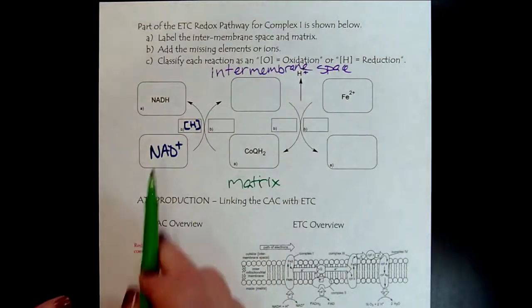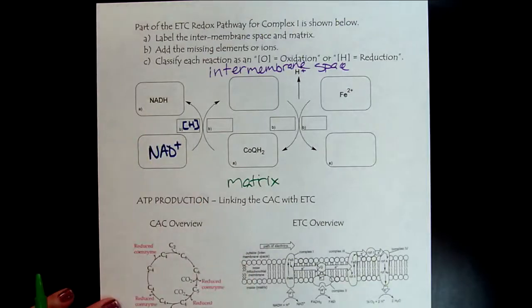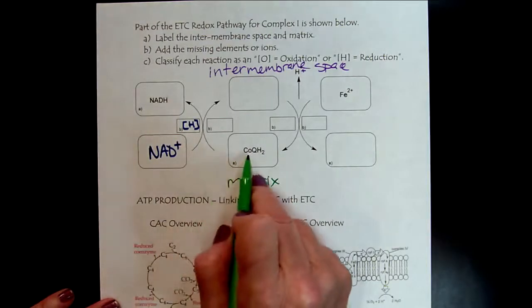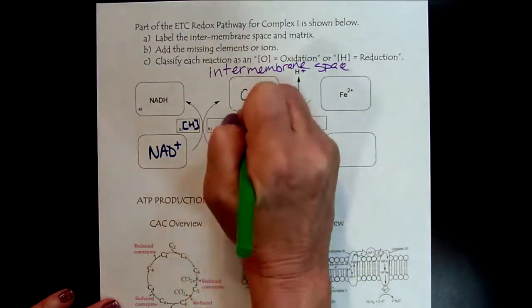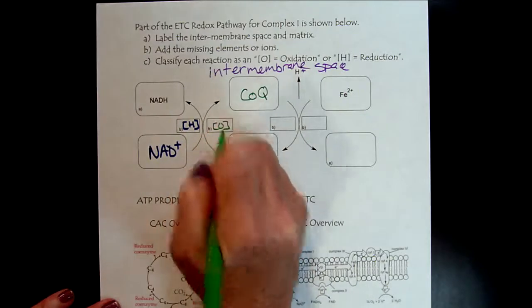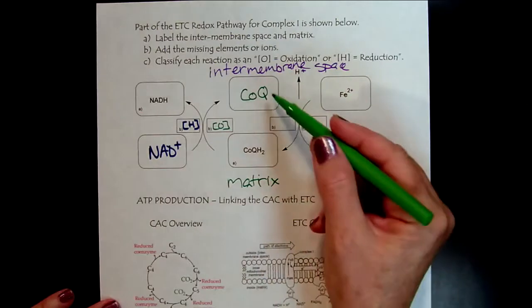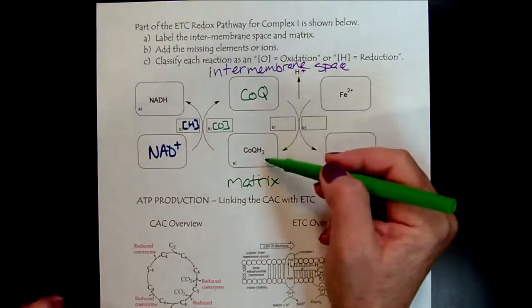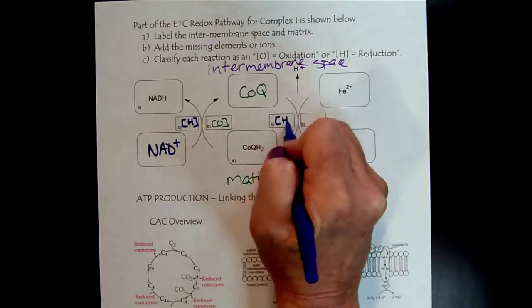Now, as the NAD+ is being reduced, the CoQ is being oxidized. CoQ, right? So that would be our oxidation. And then, right, so now CoQ, if it goes to CoQH2, it's gaining hydrogen, so that's a reduction.